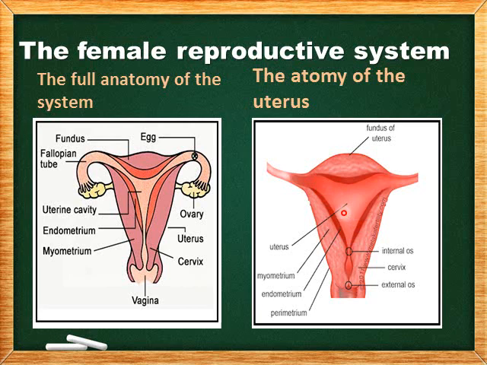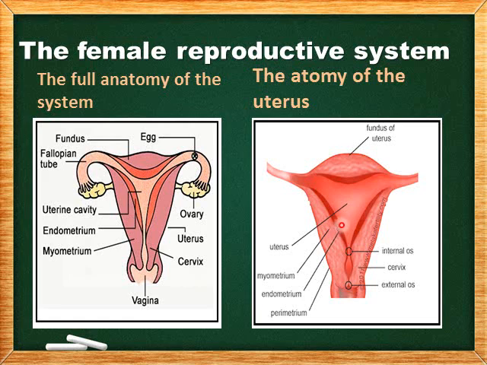The uterus, the organ of implantation of an embryo, the organ of development. First of all, you have to know that it has a pear shape like this, and it's a muscular organ made up of three layers. The outer layer is the perimetrium, the middle layer is known as the myometrium, and the inner layer is known as the endometrium.